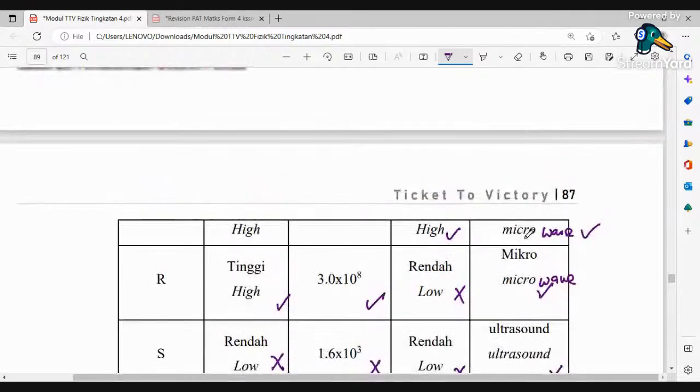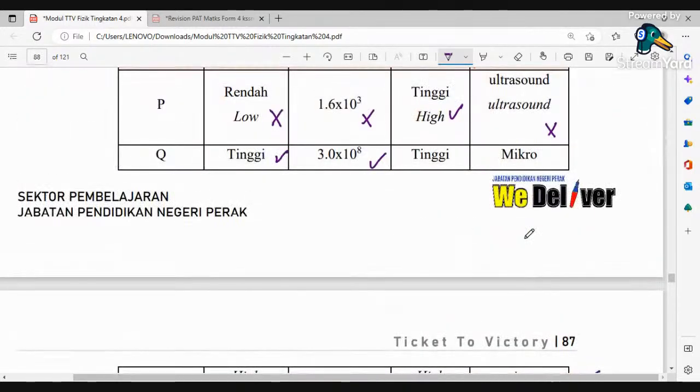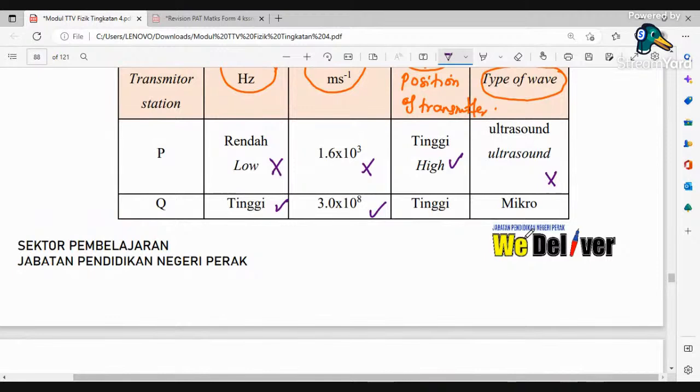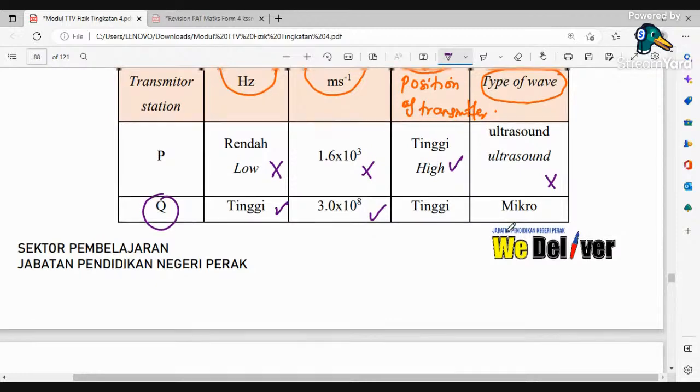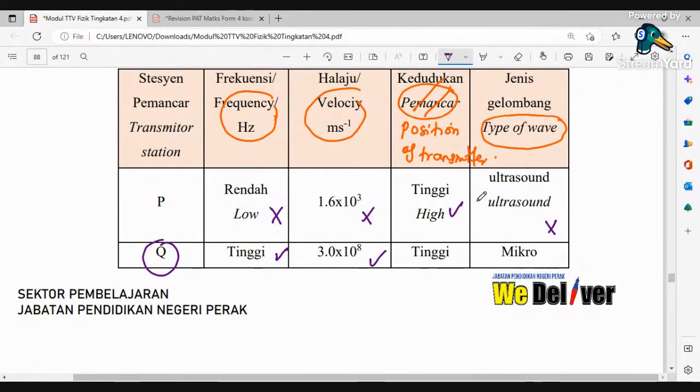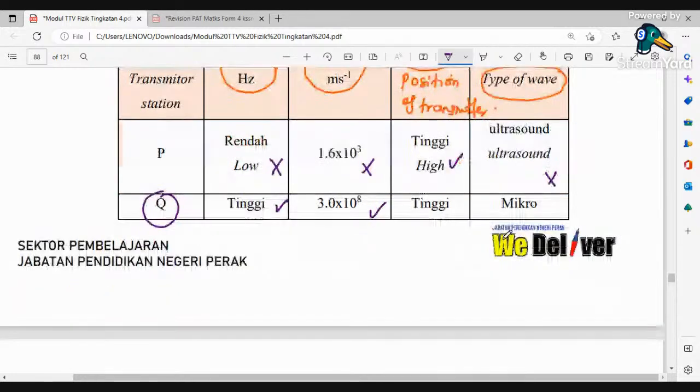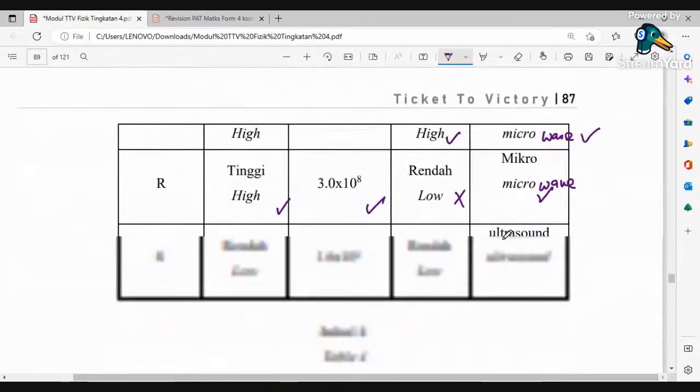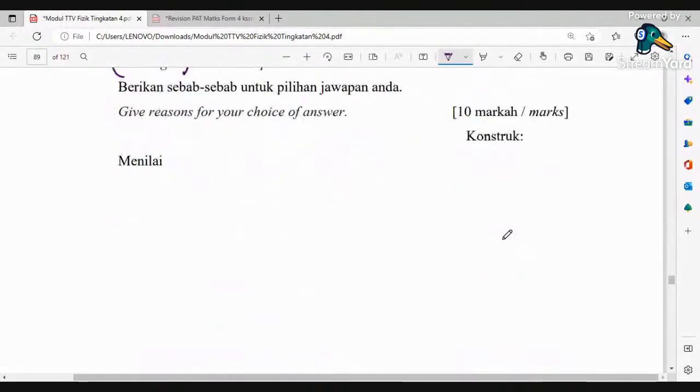Okay, so I can see from here the most tick obtained by Q. So I will just explain Q. Frequency high, speed high, position of transmitter high, type of wave microwave. Okay, you can write in table form. This one is section D.